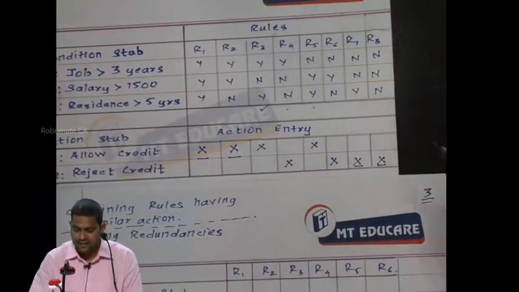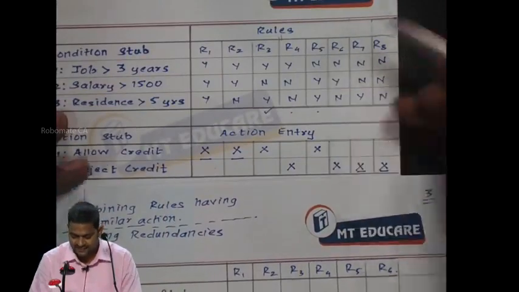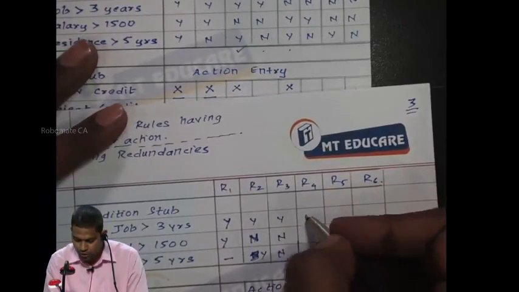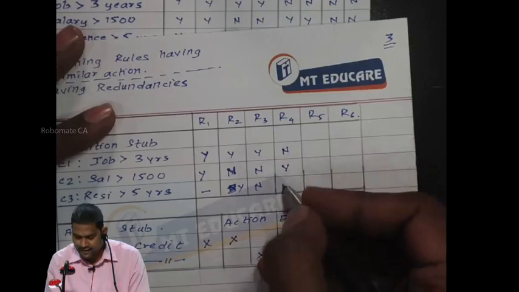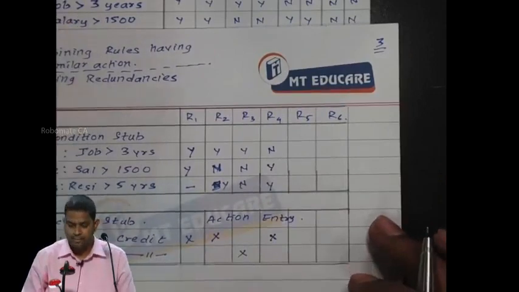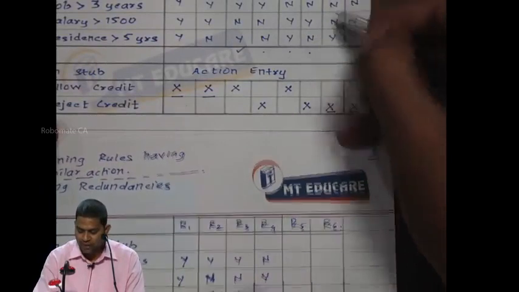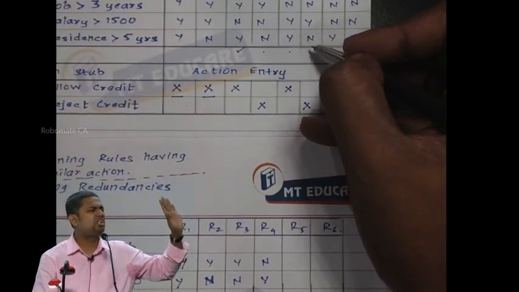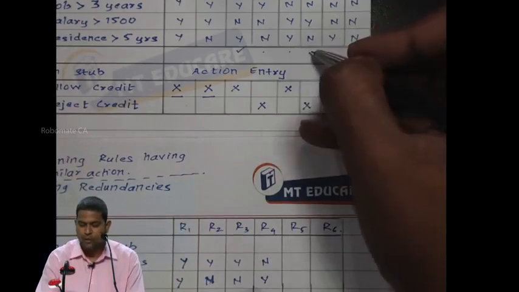Now R5. Check out R5. No, yes, yes. Okay. It is not combined with anyone. So we are saying no, yes and yes. So it is allow credit. After finishing off with R5, we are now moving to R6.